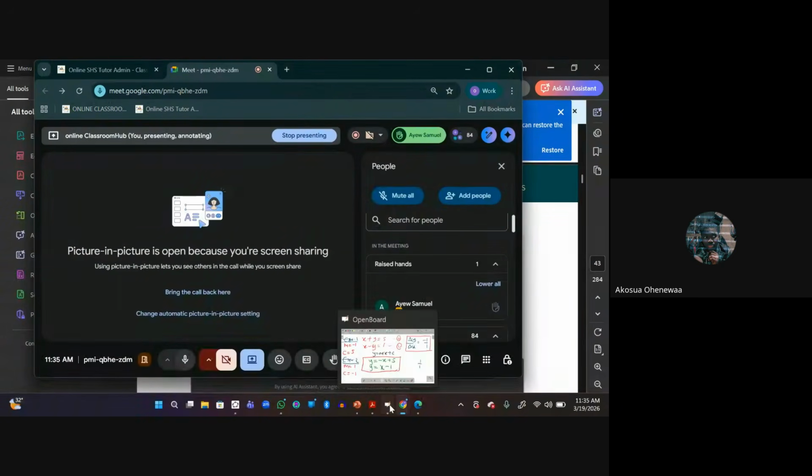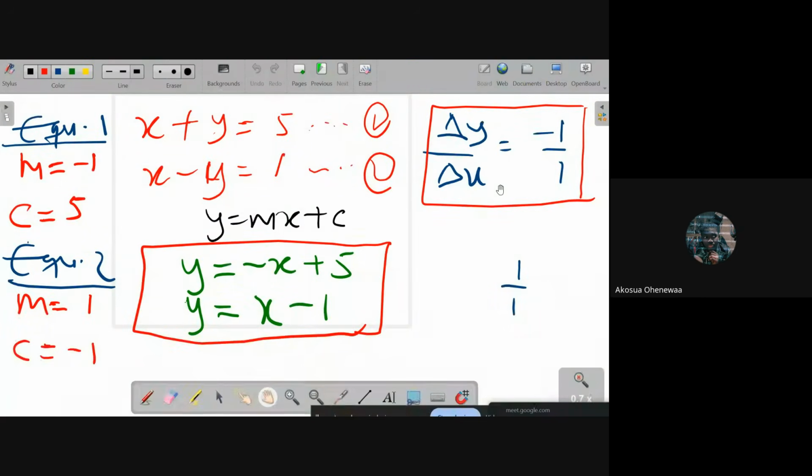So you see when we're starting, the C is the y-intercept, where the line touches the y-axis. So now you stand at the 5, on the y-axis.